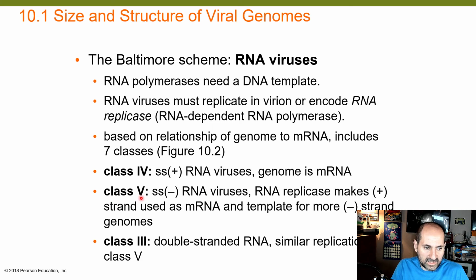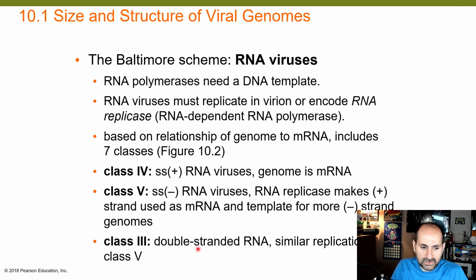In class 5, these are called the single-strand negative sense RNA viruses. The RNA replicase, this RNA-dependent RNA polymerase, makes plus strand RNA, and it uses that as mRNA and template to make more of its genome, more of its negative strand genome.